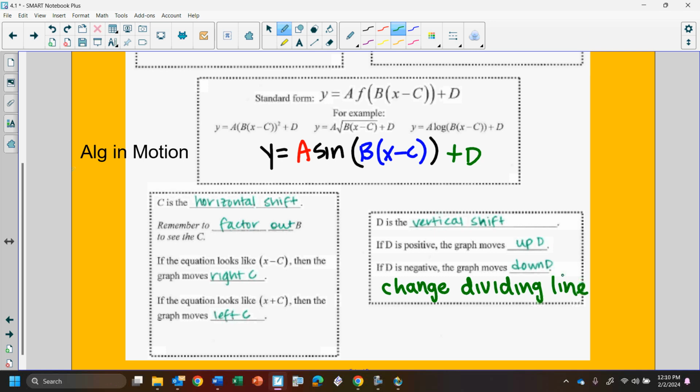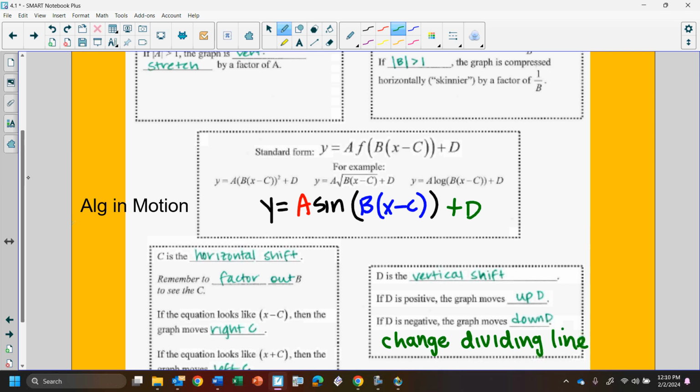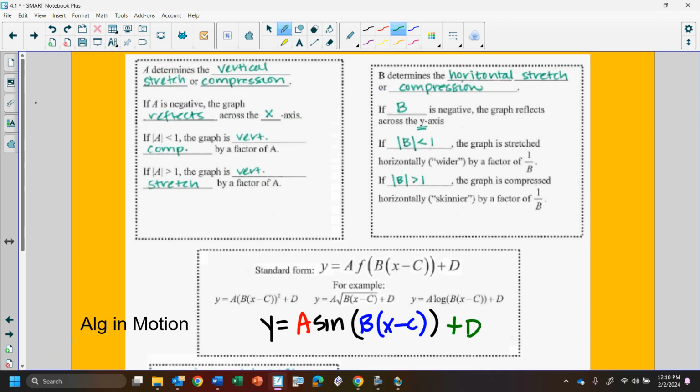What do you think that A is going to change? That amplitude. That's exactly right. Great use of that new vocab word. Absolute value of A is called the amplitude. It's that vertical stretch or compression. It's still the same idea, it just has a new fancy vocab word.